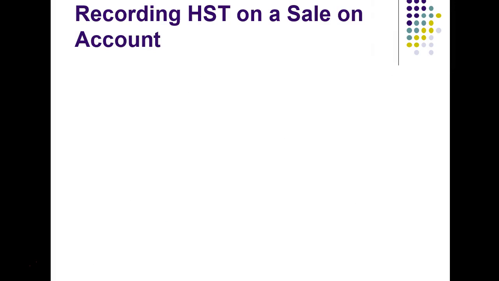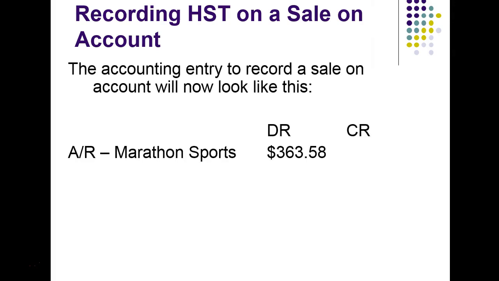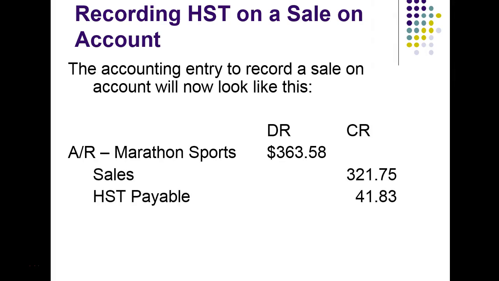Now, what happens if a sale is on account? Someone buys something from you, but they don't pay right away. The transaction is the same, except we're going to debit accounts receivable. In this case, someone was buying some new skis for $321.75 plus HST.